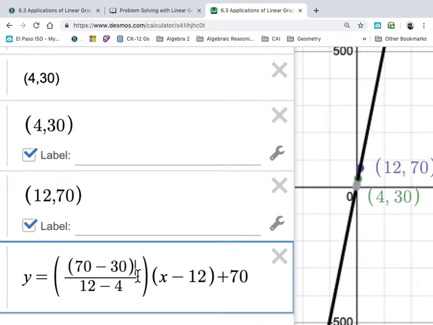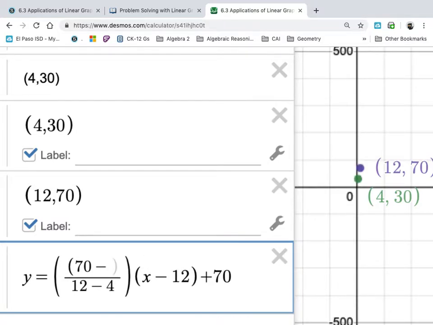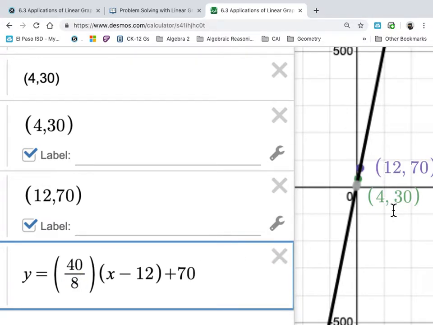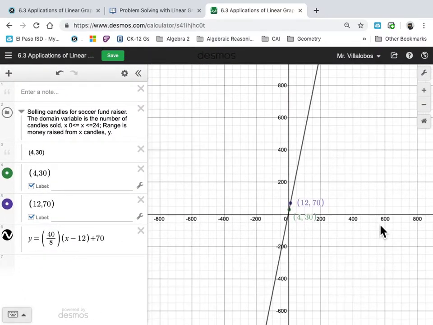And that should fix everything. Or if you can do it in your head, go ahead and do it. That's $40 for every 8 candles. Is that working? Looks like it's working to me.